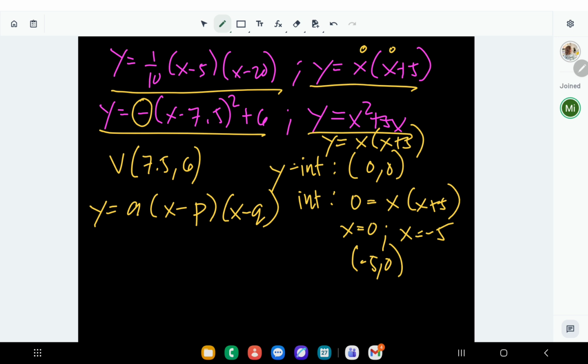So p there is 5, and then q is 20, and then a is 1 over 10. So the graph is shrunk by a factor of 1 over 10.